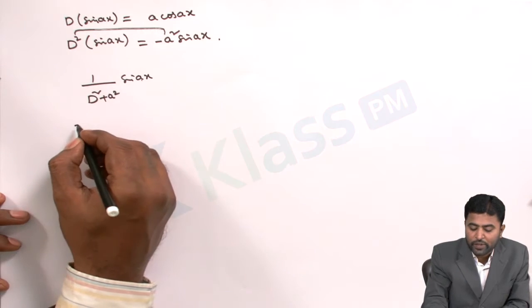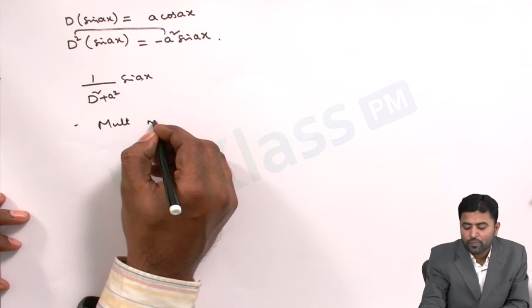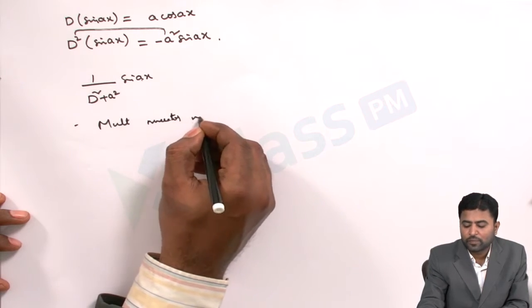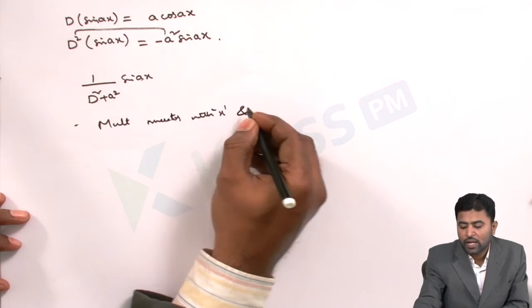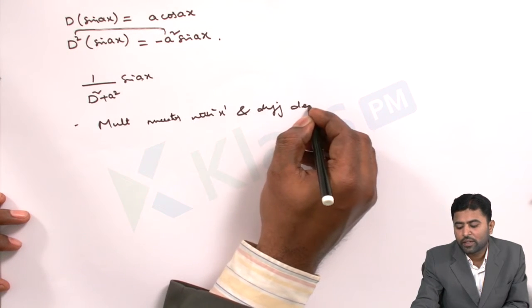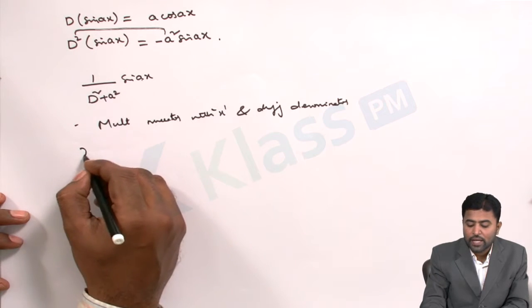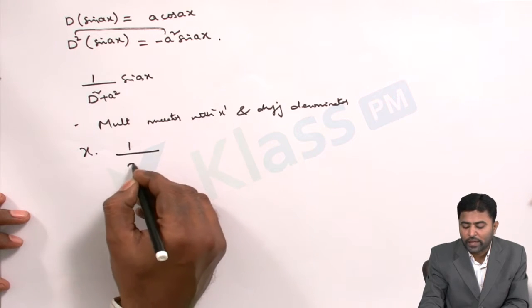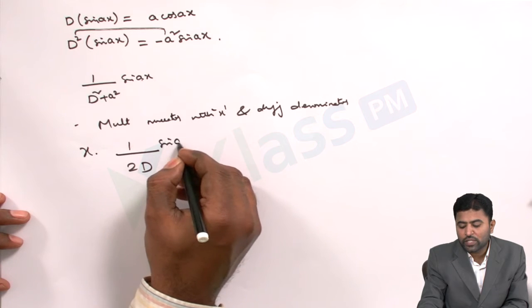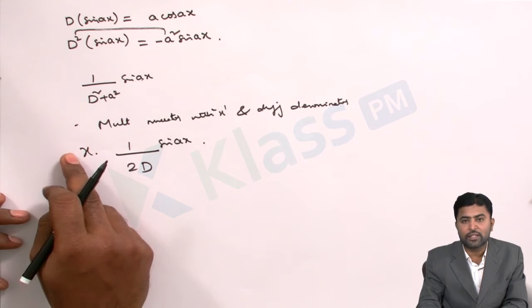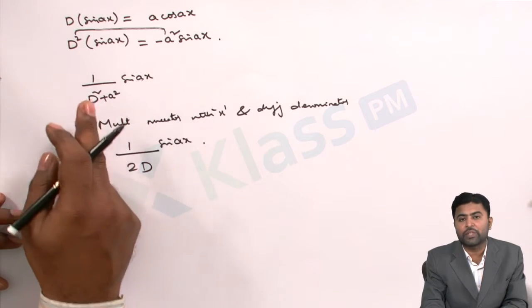So I'll get x into 1 by 2D into sin ax. I multiplied with x and I differentiated the denominator with respect to D.